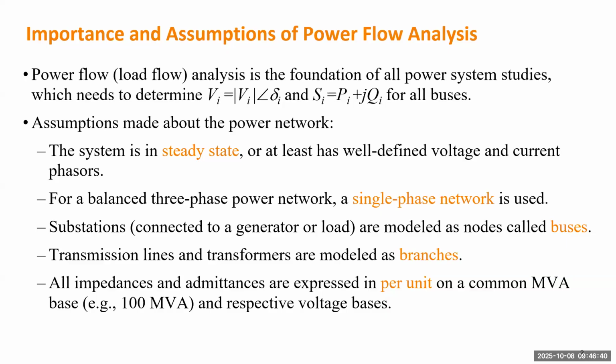You already got a flavor of finding the common base in section number 5, when we figured out the per unit circuit in the midterm exam problem. So usually we use 100 MVA as a common base, and we can choose the voltage bases for different equipment. Then we will convert everything to per unit.